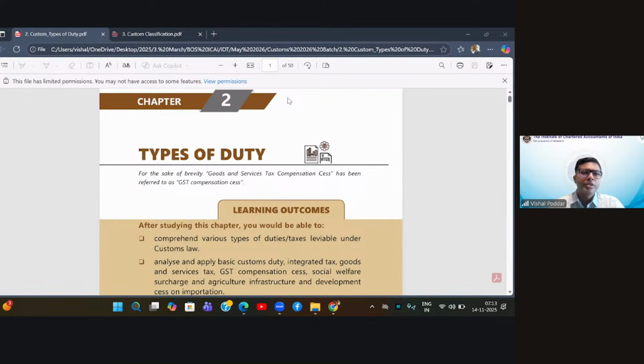Also, if you see the present Trump government's ideology, you'll understand the relevance of this customs duty even more.